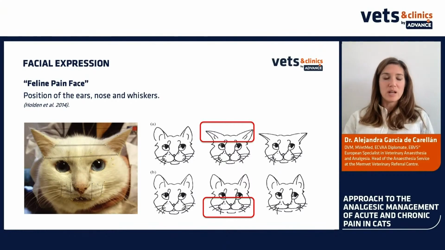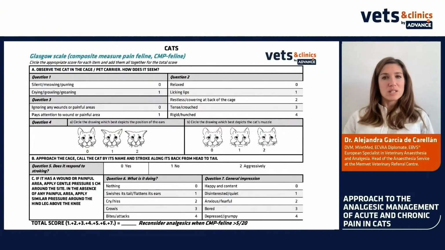They evaluated lots of points, and they found that the position of the ears, the position of the whiskers, and the tension on the muscle of the mouth were signs of our cat being in pain. So this is now included in this pain scale, the Glasgow Composite Measure Pain Scale in Feline Patients.